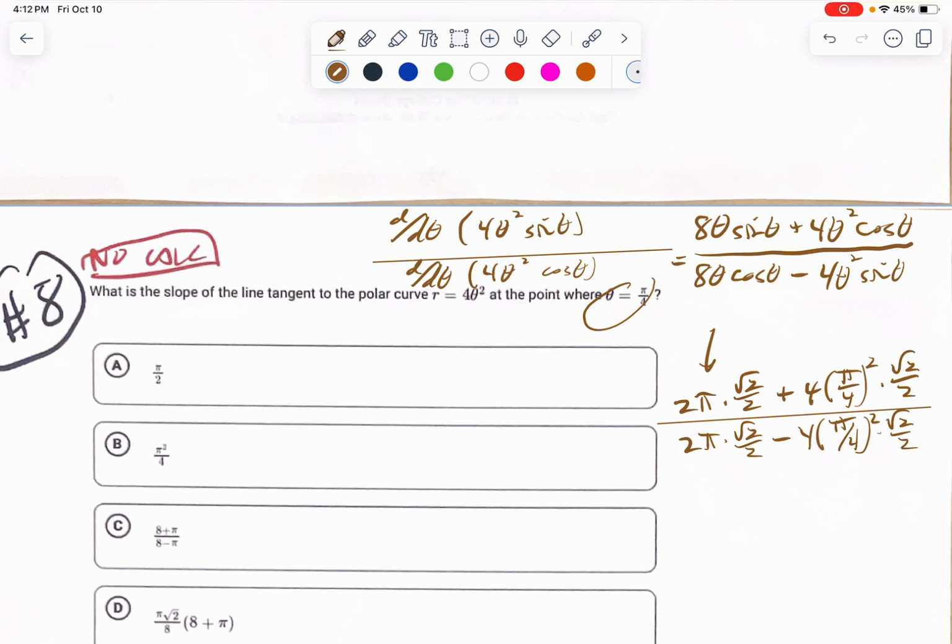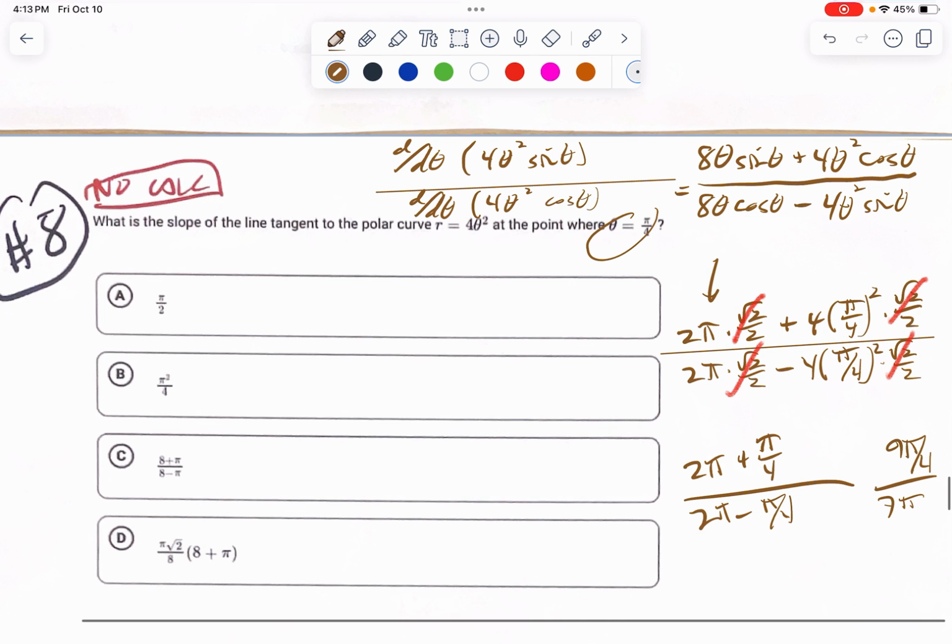What you'll notice is each term has root 2 over 2 in it, so those actually cancel. I can divide each term by root 2 over 2. So now what do I have? I have 2 pi, and then this works out to pi squared over 16 times 4. So that's pi over 4. And here it's with a minus. So this is 9 pi over 4.